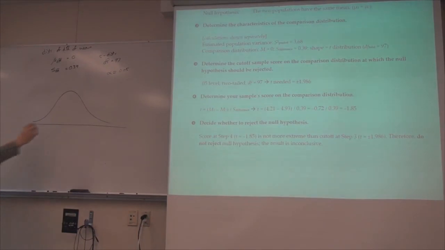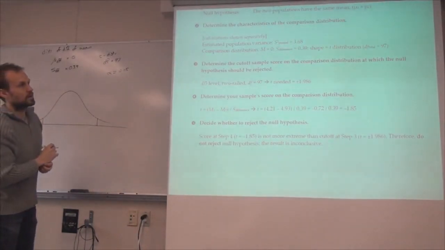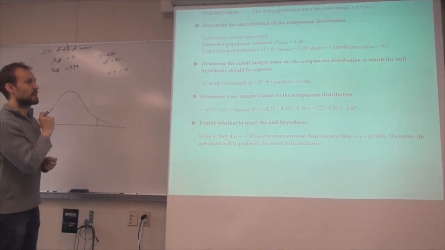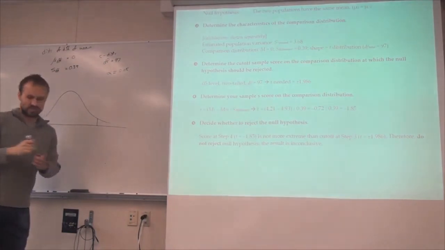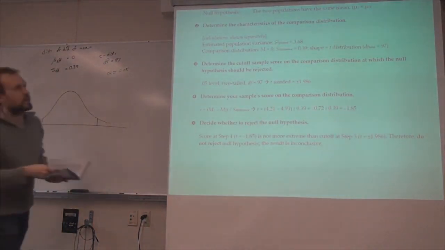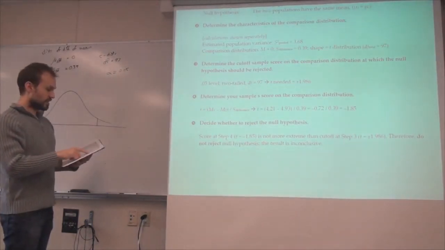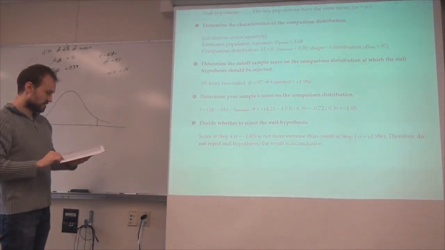And I have a two-tailed test, so I look up the t-score cutoff value. I have 97 in my list. Let's verify that. 1.986, they say. So I look at two-tailed, 5%, 97 is not there.